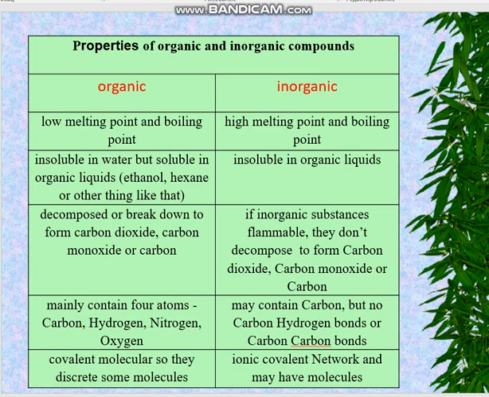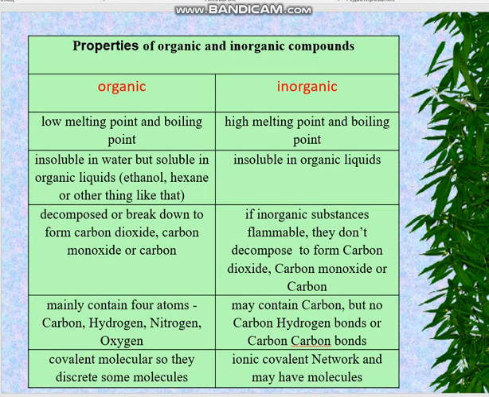In the third column, you can see that organic compounds are flammable, and they decompose or break down to form carbon dioxide, carbon monoxide, or carbon. Inorganic substances are not flammable, and they don't decompose to form carbon dioxide, carbon monoxide, or carbon. Organic substances mainly contain four atoms: carbon, hydrogen, nitrogen, and oxygen.